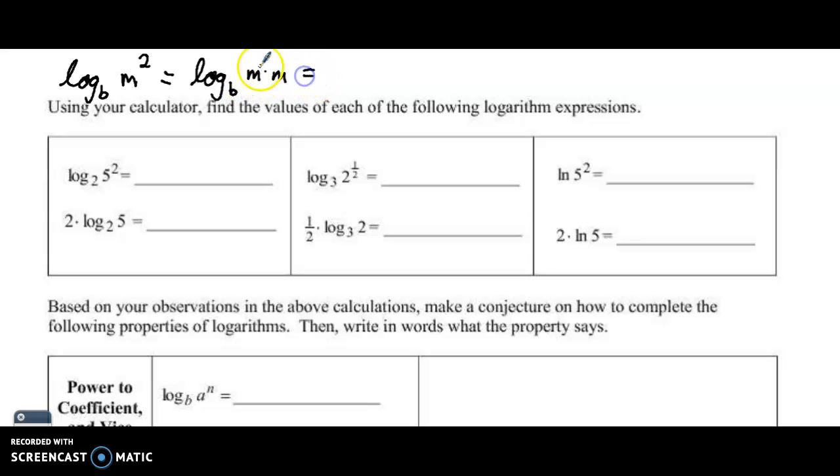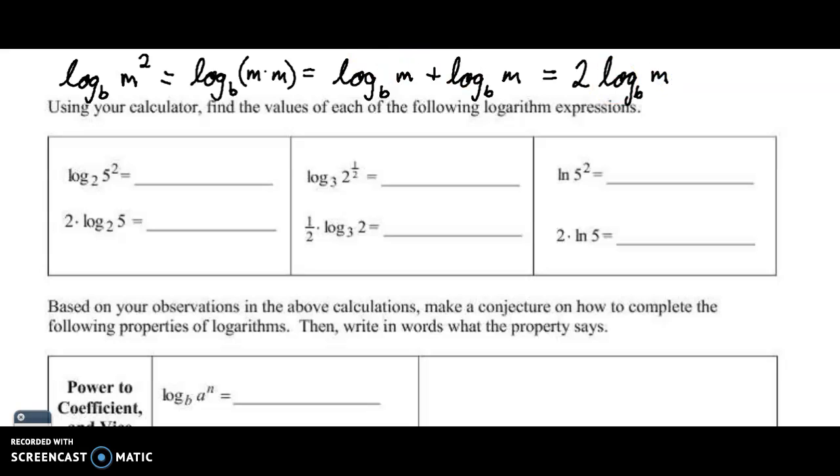Well, we just learned that if we're multiplying, we can separate them into 2 separate logs, log base b of m plus log base b of m, right? That was on the previous slide. Well, how many log base b's of m's do I have? I have 2 log base b of m.